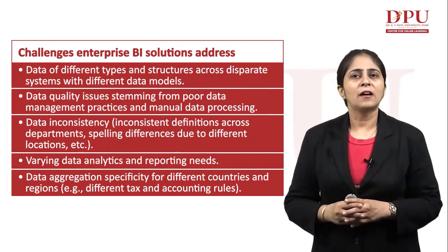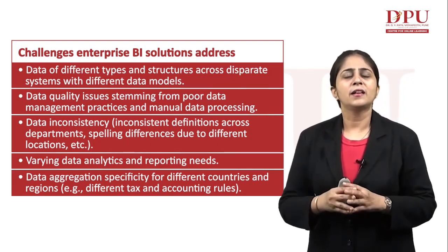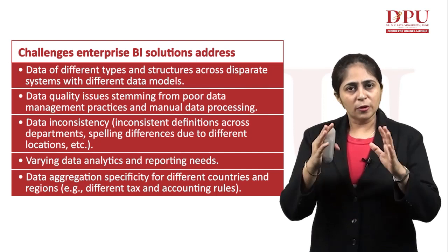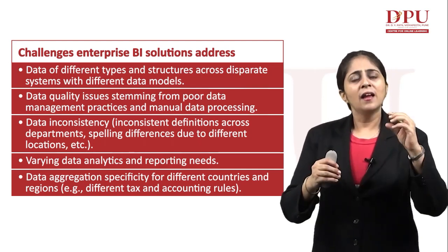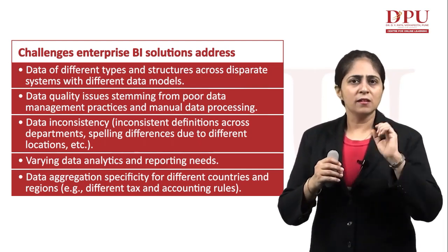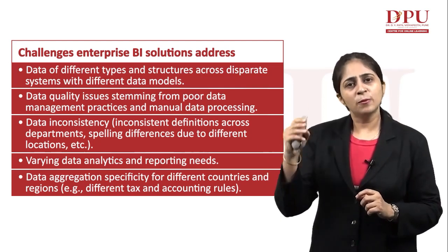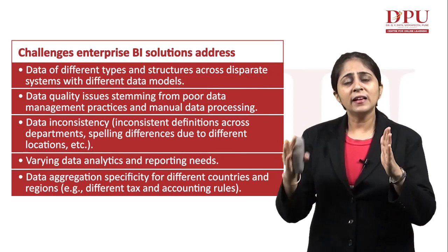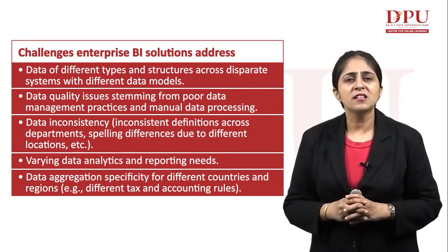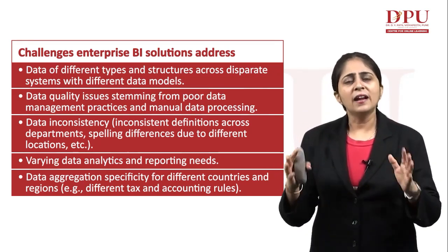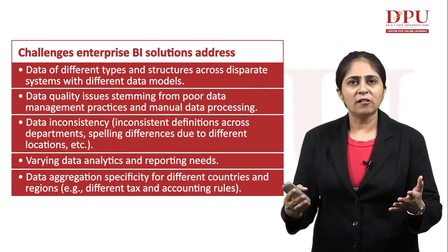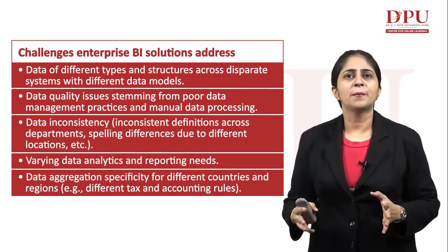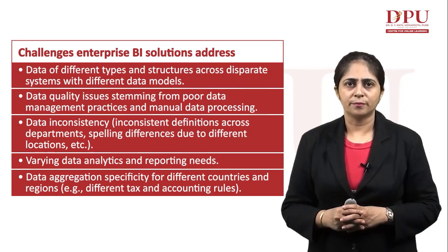So those issues have to be handled using our enterprise business intelligence solution, because for the same product, at one place the price will be something, and at another place where the tax is higher, the price will be something else. So for the same product, there will even be inconsistencies in the data. That is another issue that has to be addressed while building this enterprise business intelligence solution.